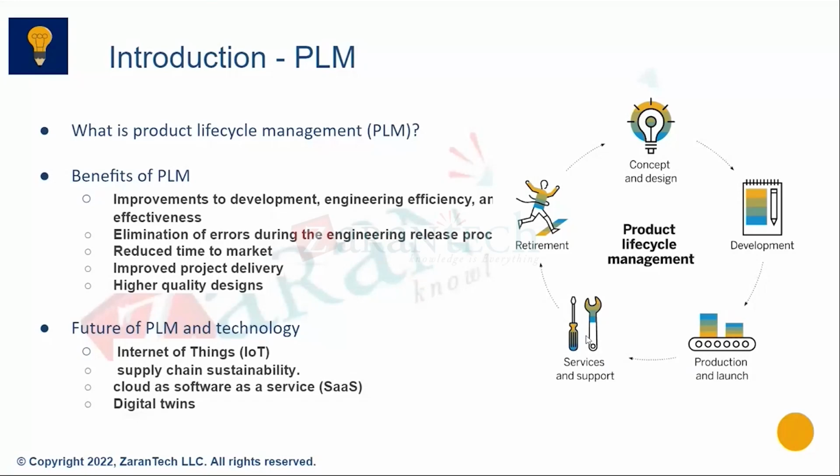When there are issues with respect to an existing product, a faulty product, then there is a requirement for service and support. The manufacturing organization has to take care of that service and provide the support.